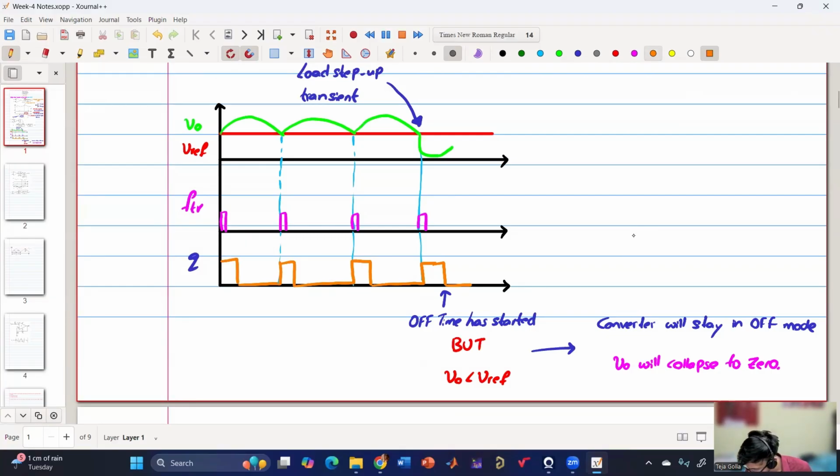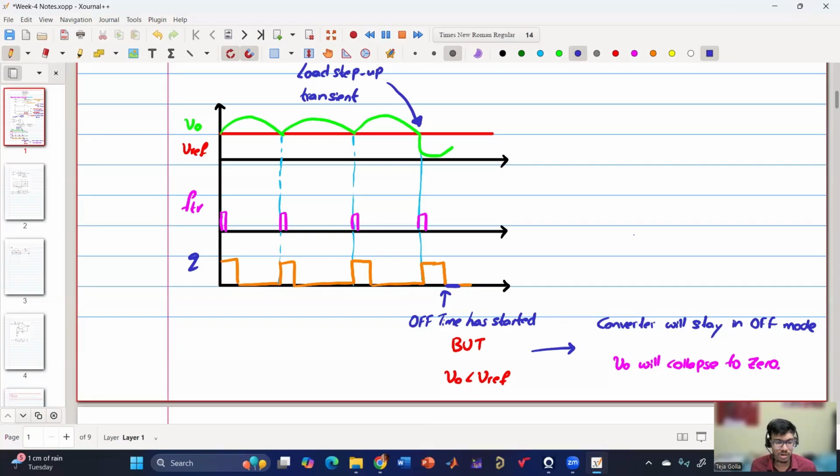I will give minimum off time till here. And then I will check whether my V naught is less than V reference, because there can be a scenario where after the end of on time, my V naught can still be above V reference. So in that minimum off time, I will check whether my V naught is less than V reference or not.